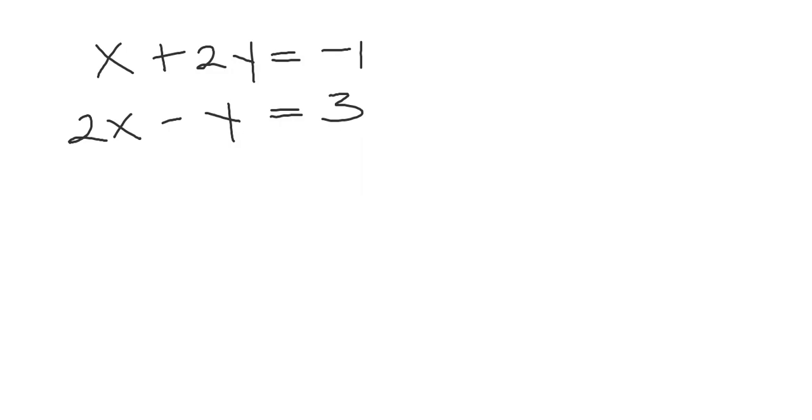Now, the first thing that happens is you are going to choose one equation from the equations that you are given. Then, from that equation, you are going to choose which of the two variables you are going to make the subject of the formula.